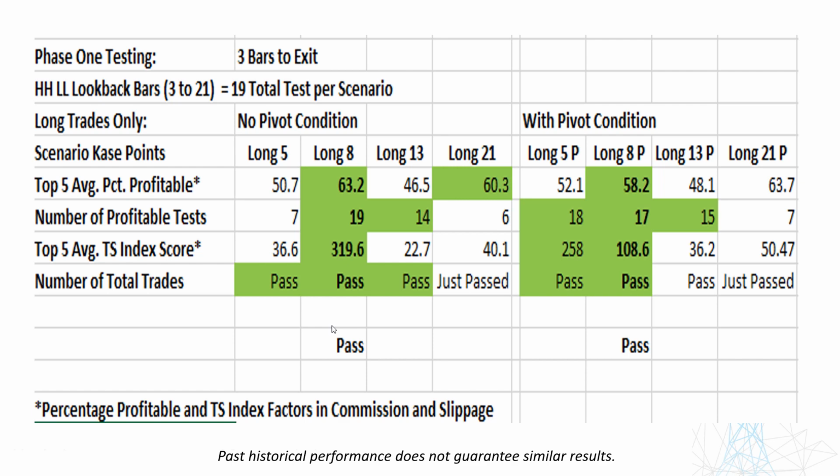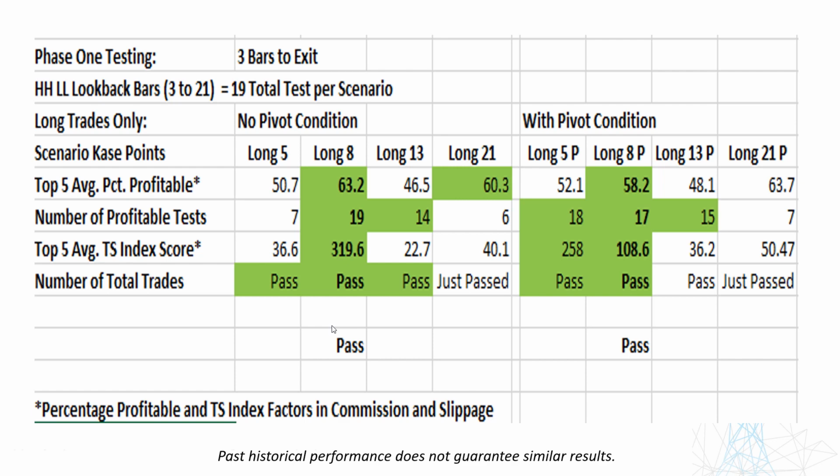One really important thing here. As we go through the process of strategy development, it's really important to factor in all the costs. You can imagine that if I'm doing this statistical study and I'm not factoring in commissions and slippage, these results will be very different and probably look much better than they look right here.